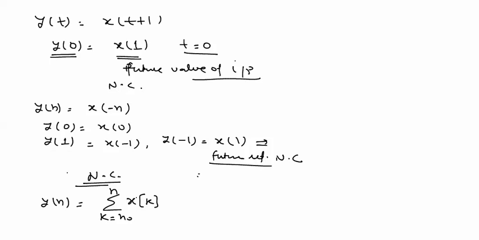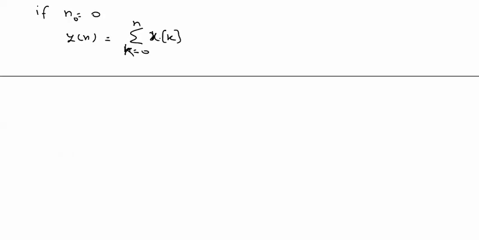We took two cases. First case, if n naught is 0, this expression is reduced to summation 0 to n of x[k]. By putting different values, I check whether it is causal or non-causal.